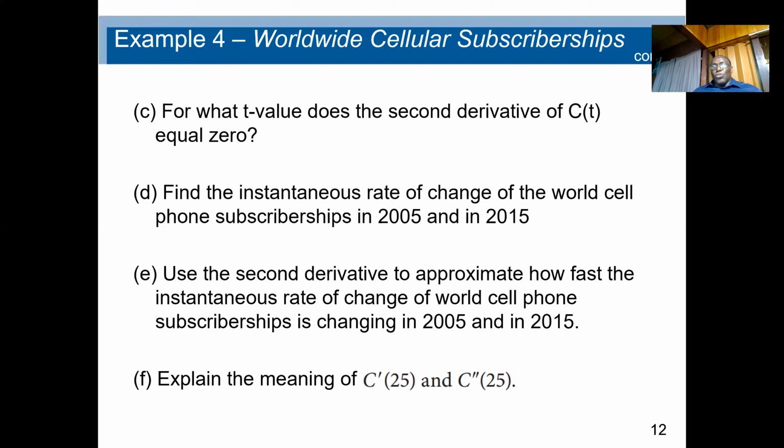Then find the instantaneous rate of change of the world cell phone subscriberships in 2005 and in 2015. Then we use the second derivative to approximate how fast the instantaneous rate of change of the world cell phone subscriberships is changing in 2005 and in 2015. We should explain the meaning of C derivative 25 and then the second C derivative 25.